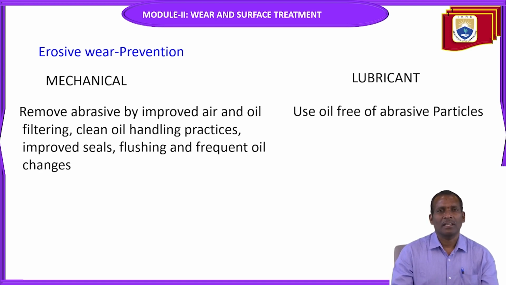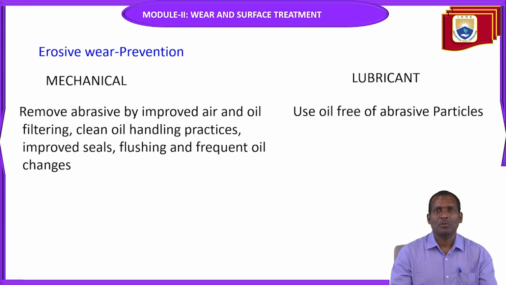Any abrasive material in the fluid, nothing but hard particles or foreign material, should be removed. Use improved oil seals, flushing, and frequent oil changes. Don't use old lubricants or old fluids repeatedly. Due to this, prevention is possible and the erosion wear can be reduced.